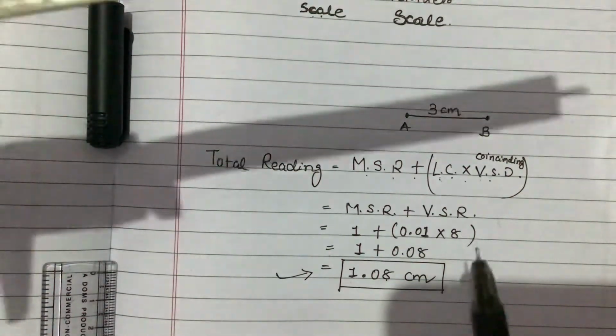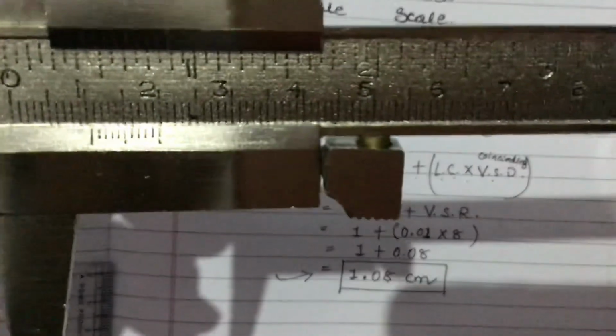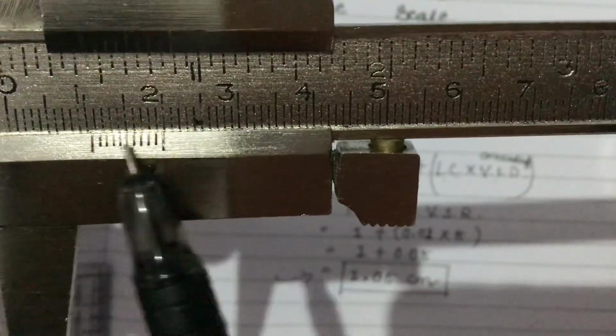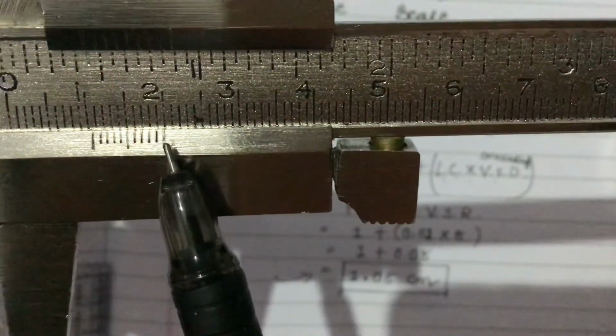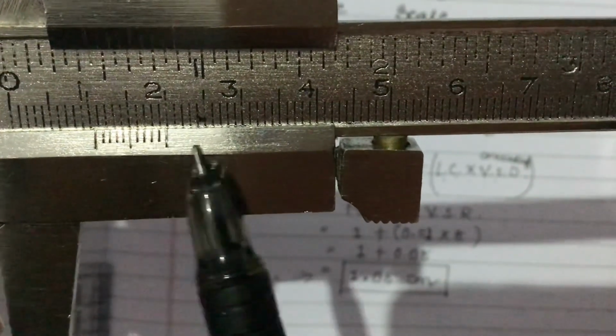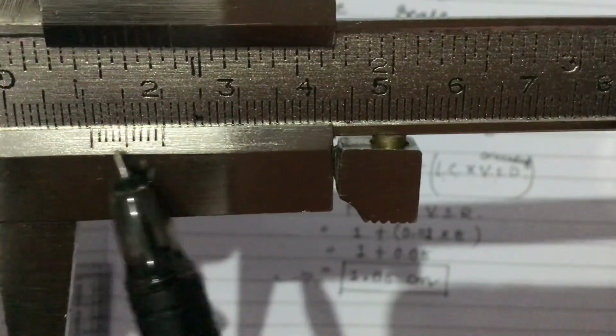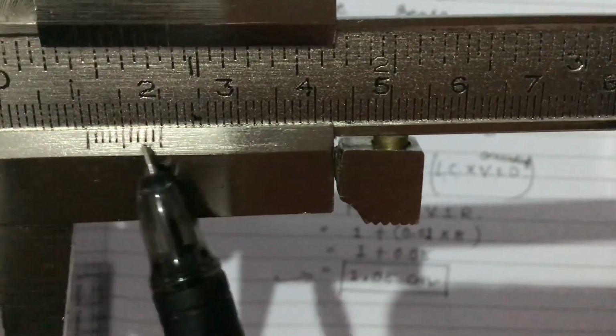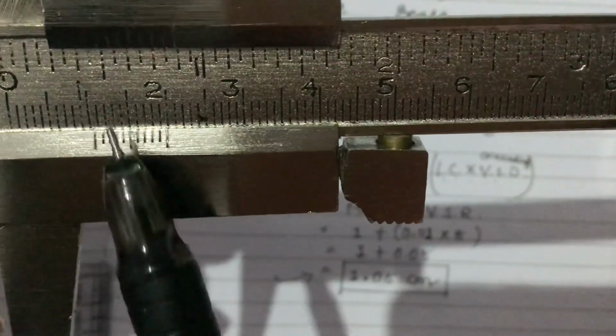The correct way of reading the most accurate division on a vernier caliper, especially on the vernier scale, is by keeping the instrument at eye level. Keep it straight in front of your eyes, like we did in the lab, and then check for the precise reading. Otherwise, almost all of them will appear as if they are in alignment.